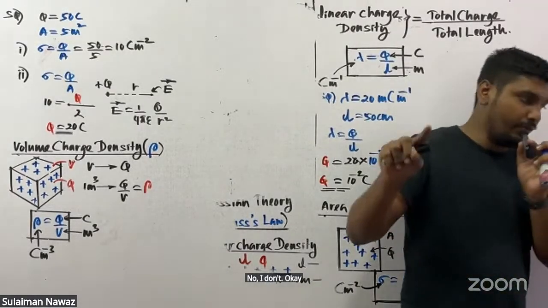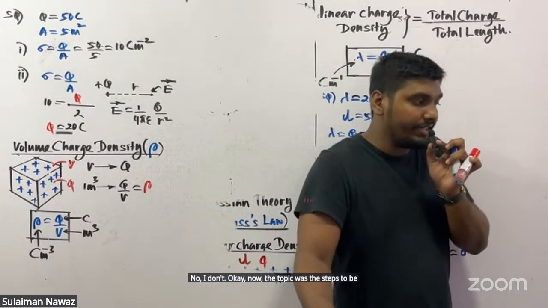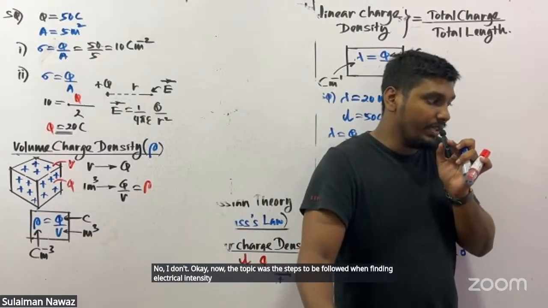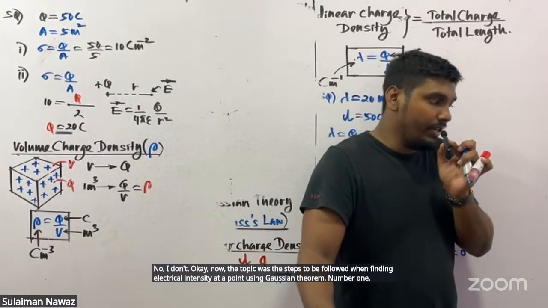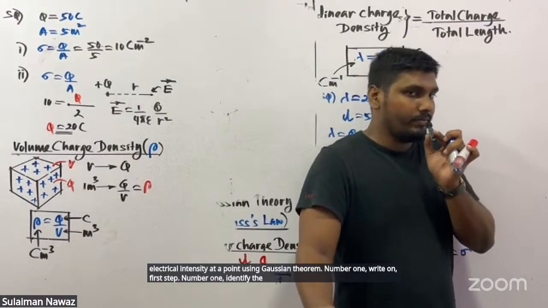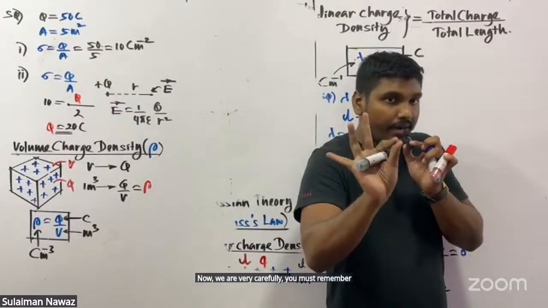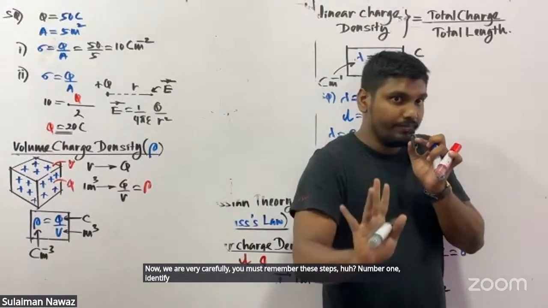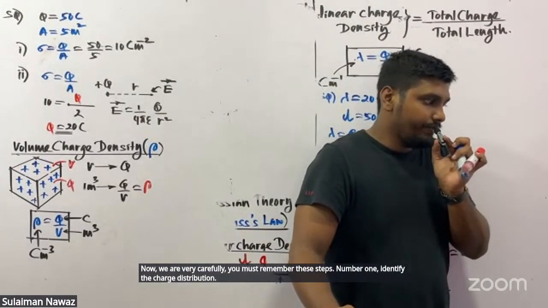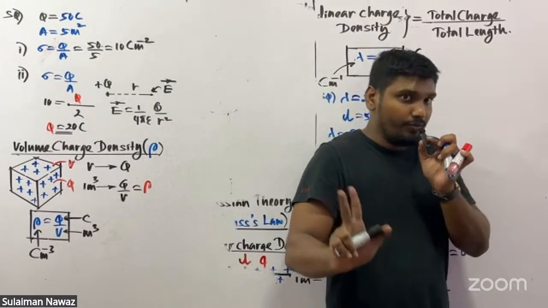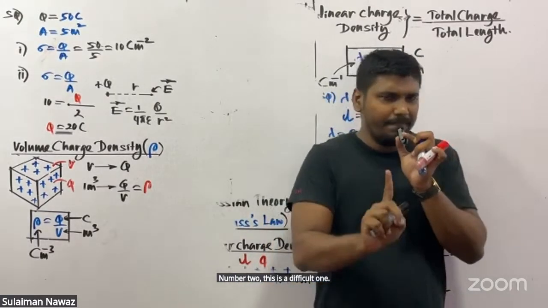Okay, now the topic is the steps to be followed when finding electric field intensity at a point using Gaussian theorem. Number one, identify the charge distribution. You must remember these steps very carefully. Number two, this is the difficult one. The first step you can easily find.